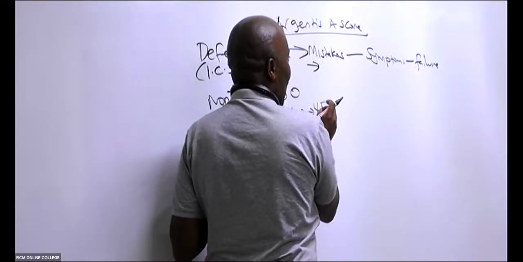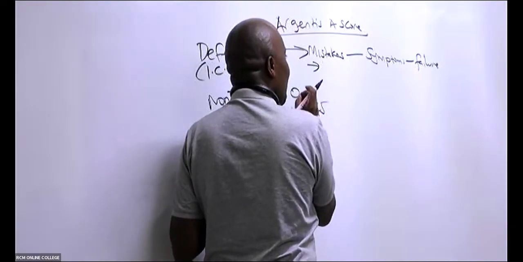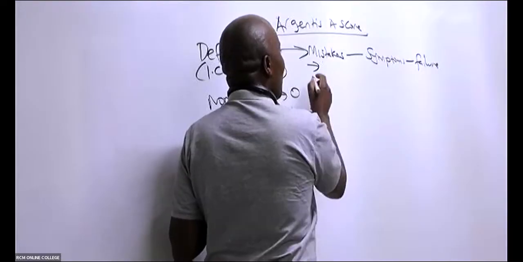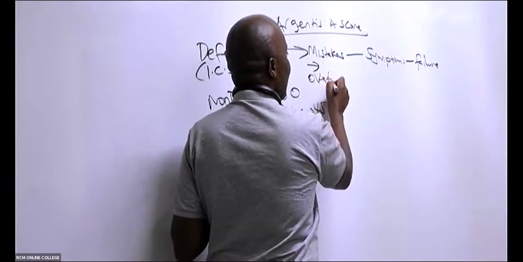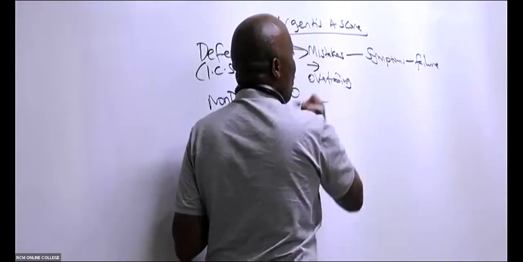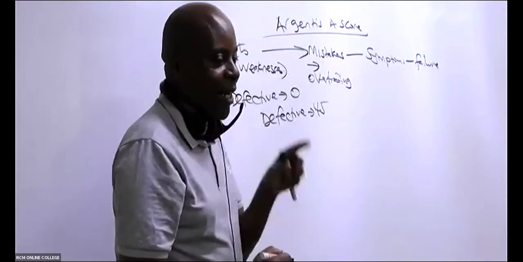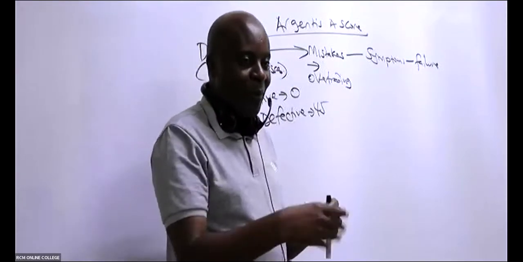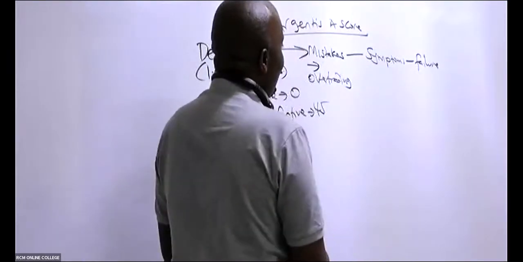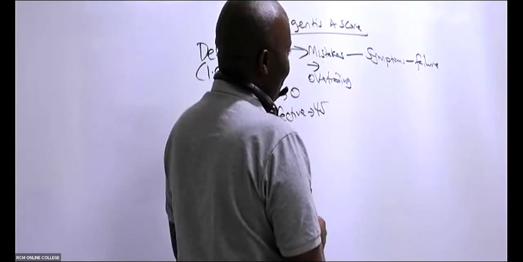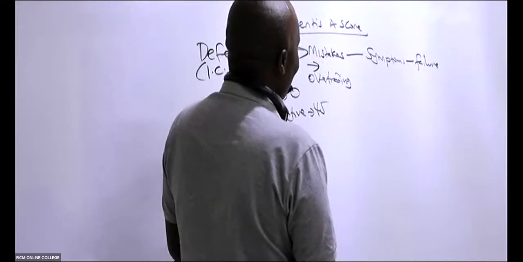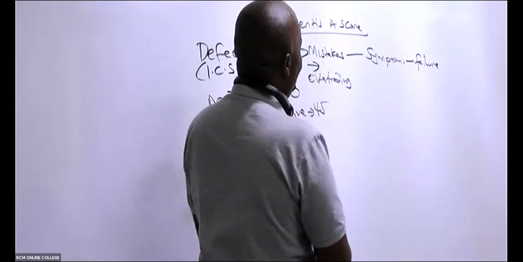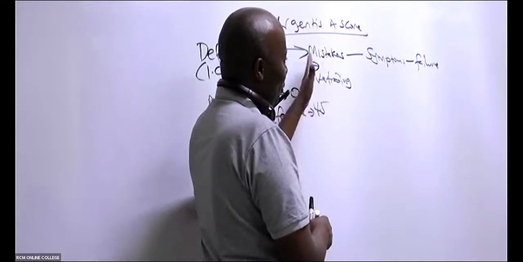Another mistake that these managers will always get into is what we call overtrading, because they want to show off that they're doing very well. Like Nakumatt, they start opening branches anyhow until they get into what we call thin capital. So in terms of this maximum of 30, how many marks will you give your company in terms of mistakes?